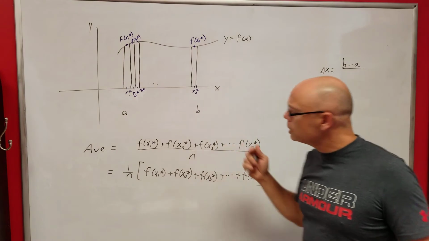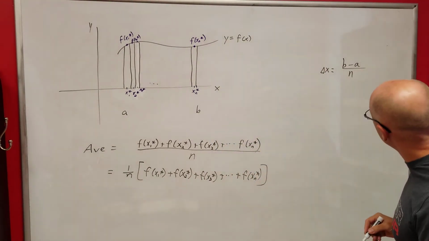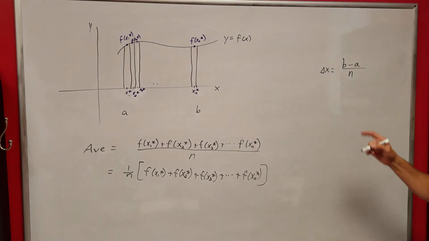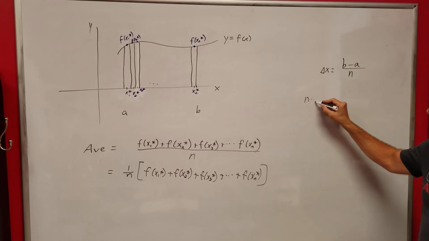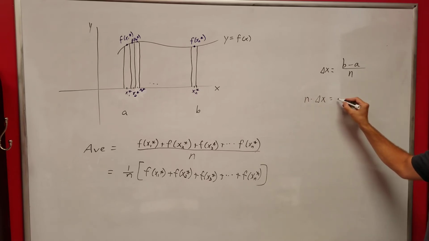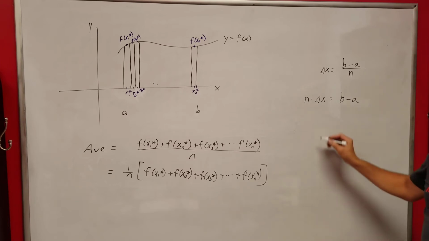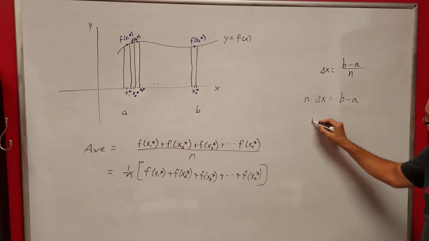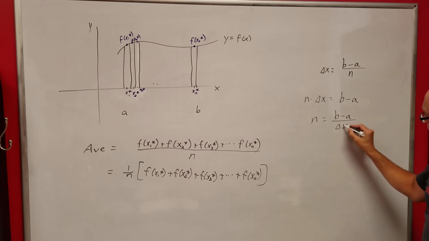Well, how many partitions did we make? We were looking at n of them, right? Now, what if I end up solving for n in this equation here? So I could say n times delta x is equal to b minus a, right? Then I could divide both sides by delta x, so n is equal to b minus a over delta x.